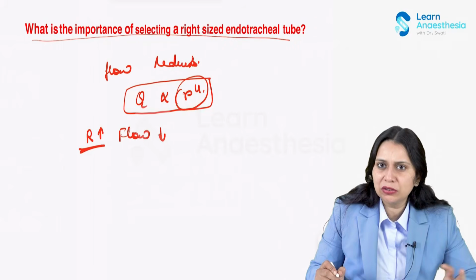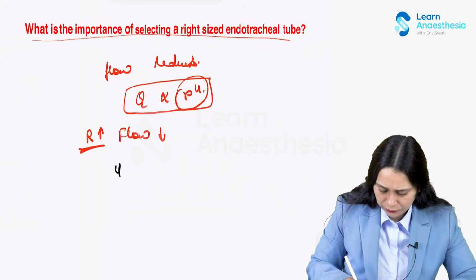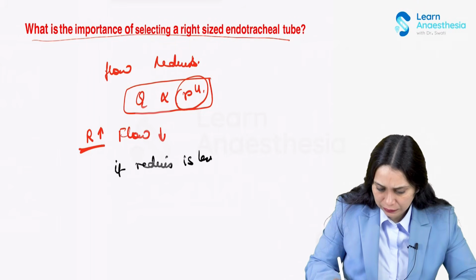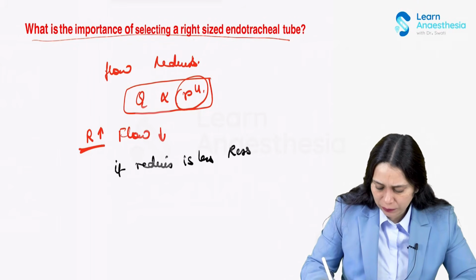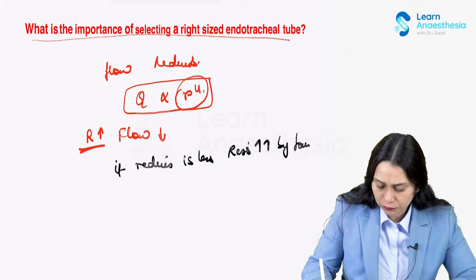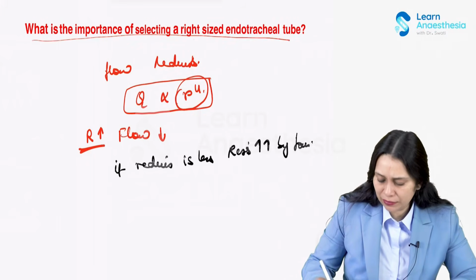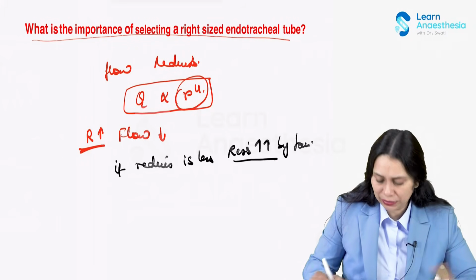So if the radius or the diameter of the tube is decreased, the resistance increases by a huge amount, in the 4-fold amount. So if the radius is less, the resistance would be very, very high. And if the resistance increases, the work of breathing increases.